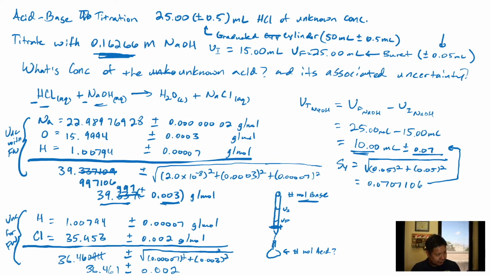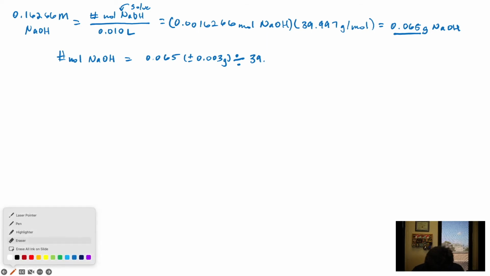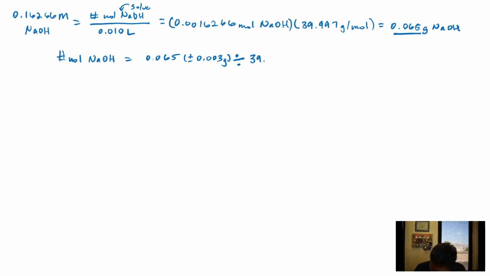So again, our sodium hydroxide, which is going to be the 39 point, I'll just erase that because the 33 is just going to confuse me. Here we go. Luckily, we didn't use that in any of our calculations yet. We're just now using it, so I caught the math error early. 997. There we go.